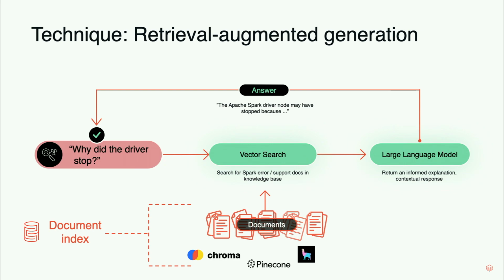Given the query, we retrieve those documents, feed them to the large language model, and we get back a domain-specific answer. This one about the Spark driver node. It's much more helpful. This process of extracting documents and associating them with a query is called document indexing and index querying. And let's take a look at how we can build this kind of workflow with just a few lines of code.